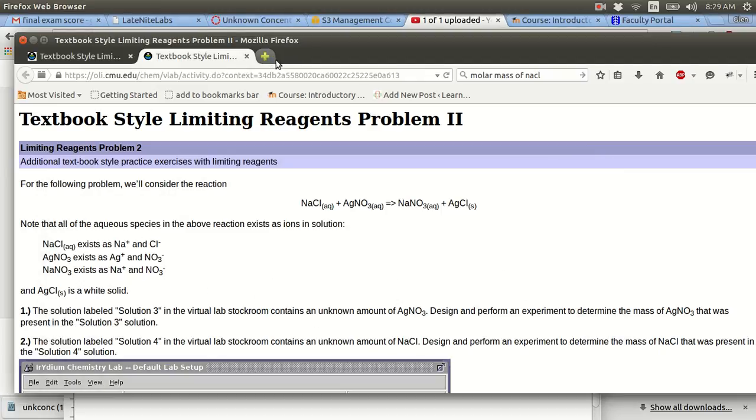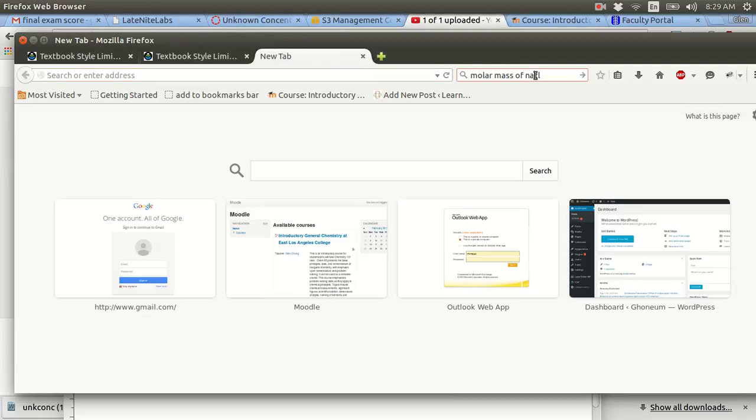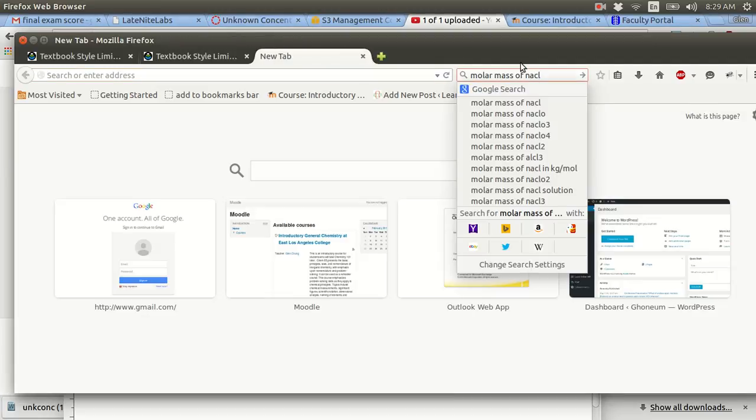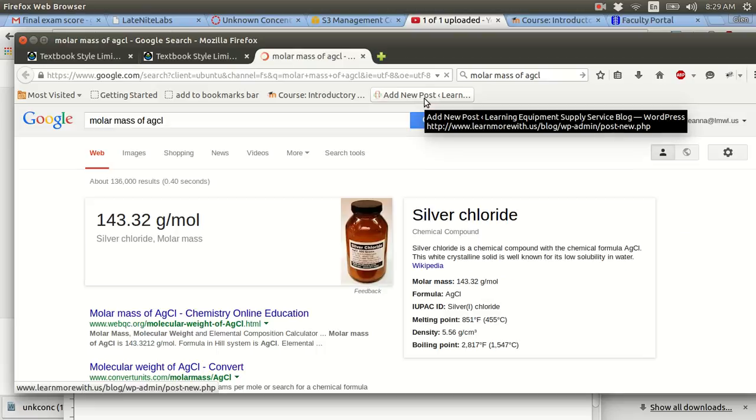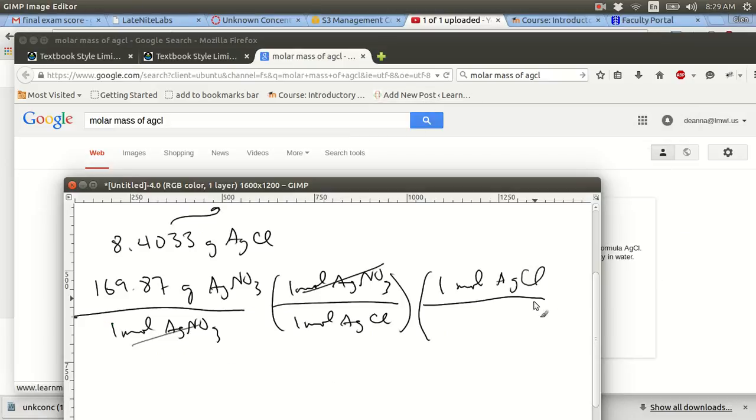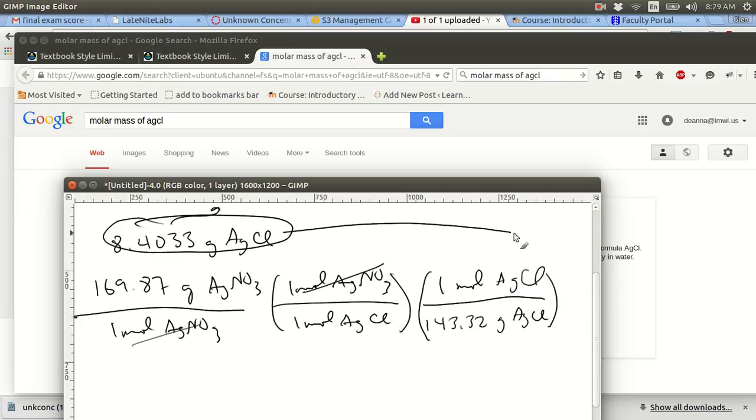Let's ask Mrs. Google. $143.32. 143.32 grams of AgCl. And this is how much AgCl I used. So that goes right there on top, over just 1. Okay? And that's going to be grams of AgCl canceling, moles of AgCl canceling.